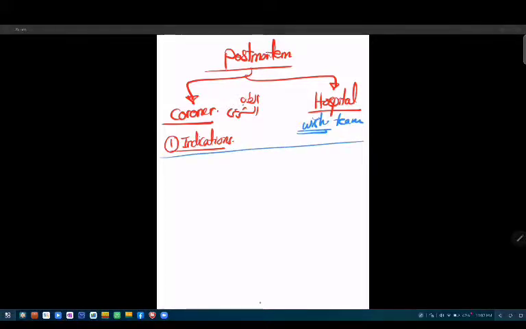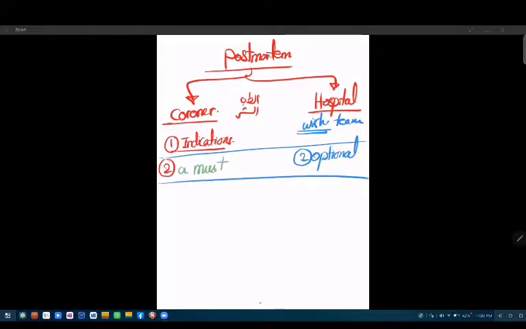Easy. Coroner is a legal issue. So as a coroner case, it's mandatory, it's a must to be done. There is no option. The next of kin cannot refuse. It's not his decision. On the other hand, when it comes to the hospital postmortem, it is optional.